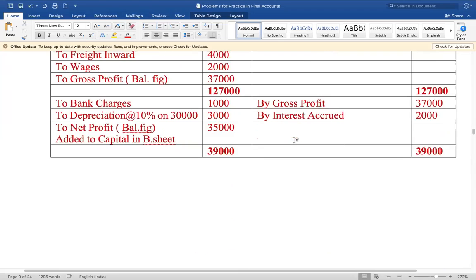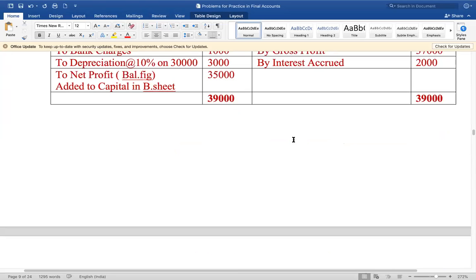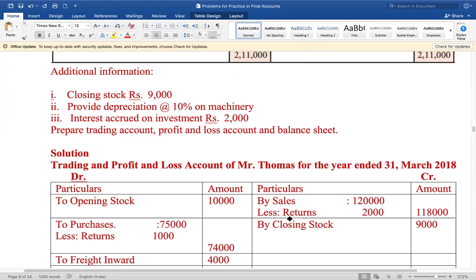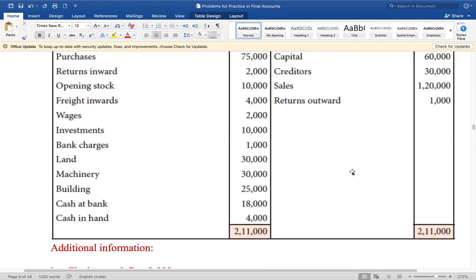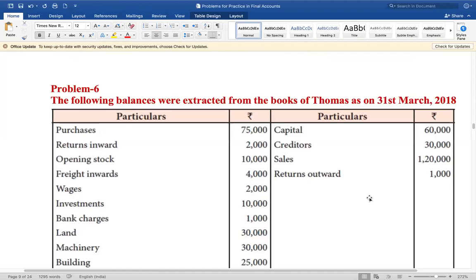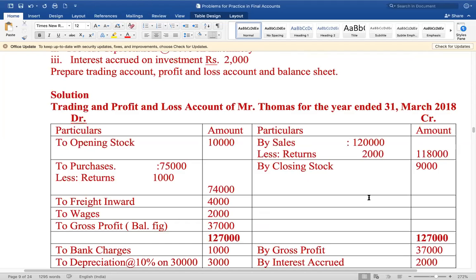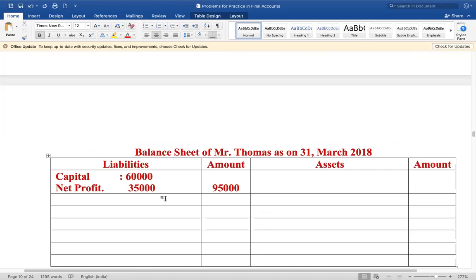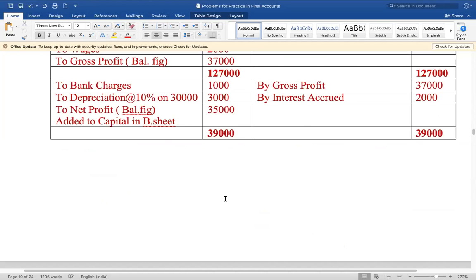Is there any item to be taken on the liability side after capital? You have creditors also, right? Creditors 30,000. We'll take creditors.